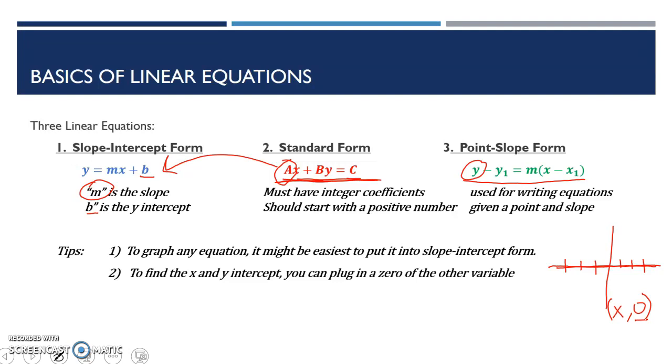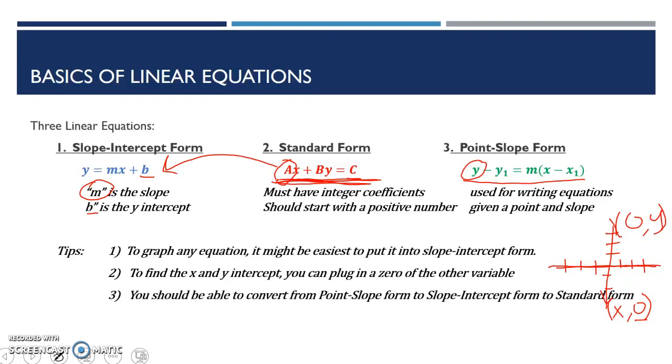And the same thing goes for the y-intercept. The y-intercept is this axis here, and it could be 0, 1, 0, 2, 0, 3, 0, -1, 0, -2, but it's always 0 and then the y value. So to find the y-intercept, you can just plug a 0 in for x. That's a really good way, especially if it's in standard form, in order to find the x or the y-intercept.